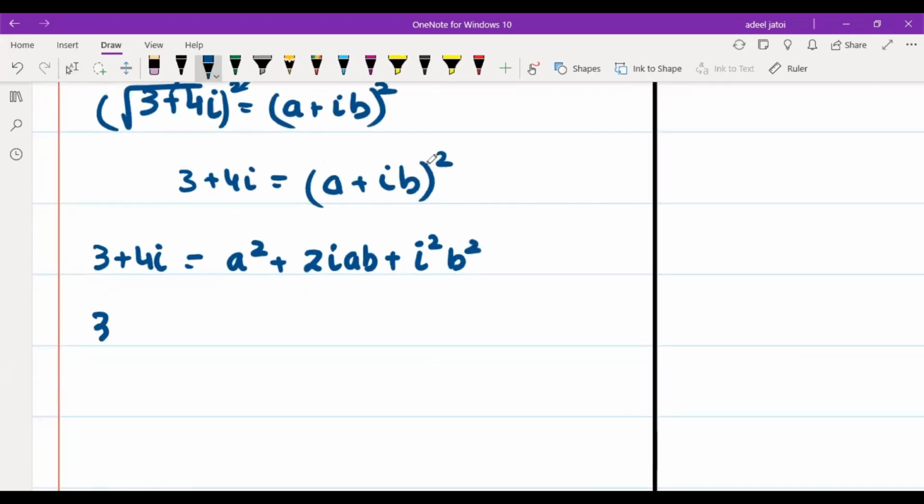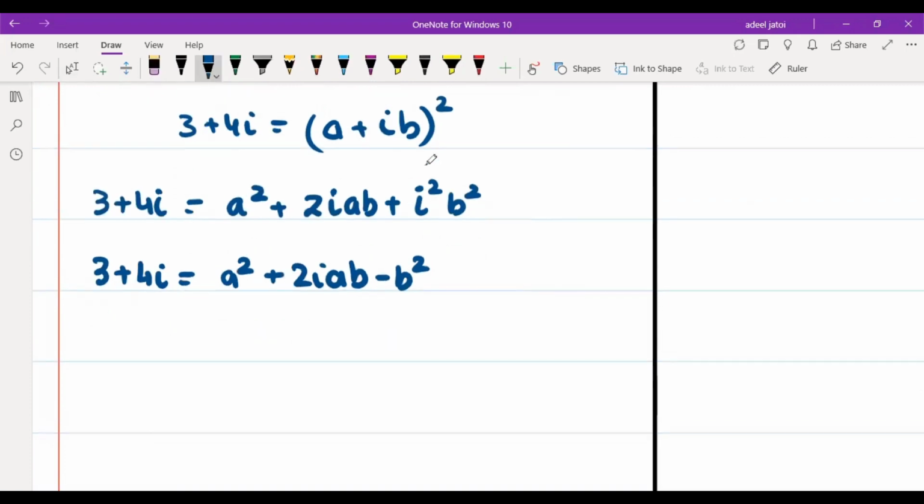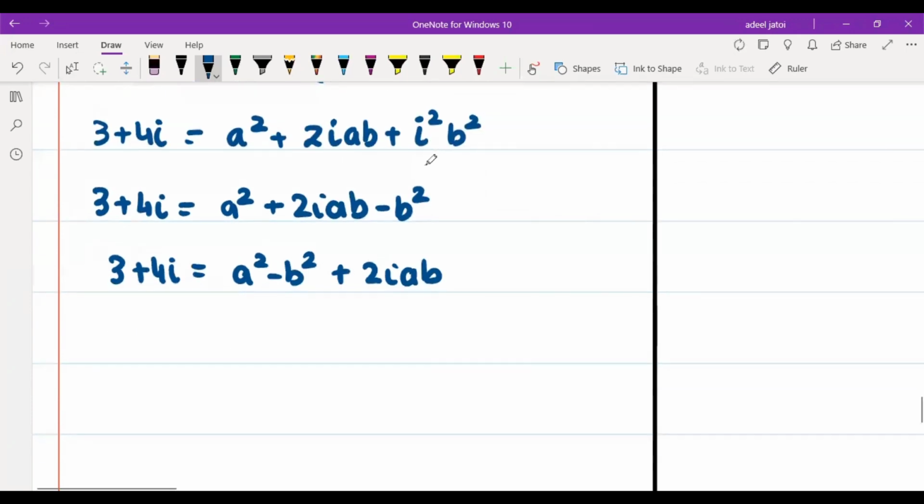So we can write this as 3 plus 4 iota is equal to a square plus 2 iota ab minus b square. Now a square and negative b square represent the constant number, which is the real number. So a square minus b square, whereas 2 iota ab represents the 4 iota.